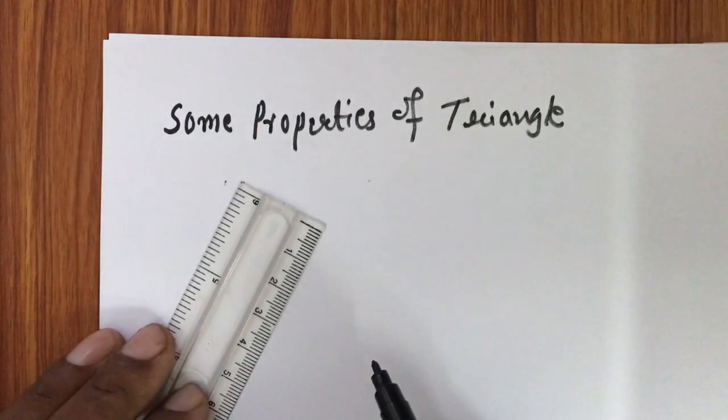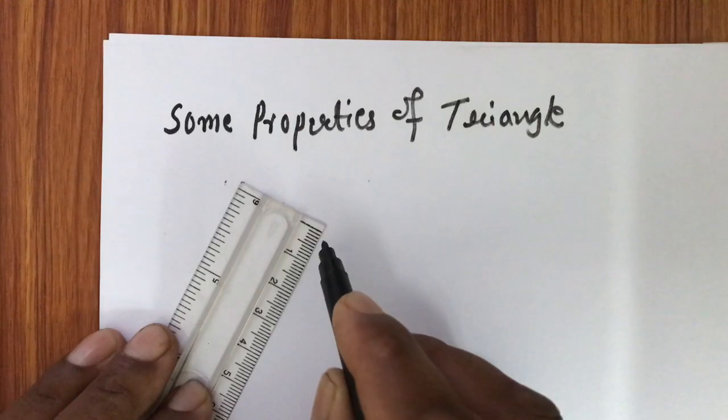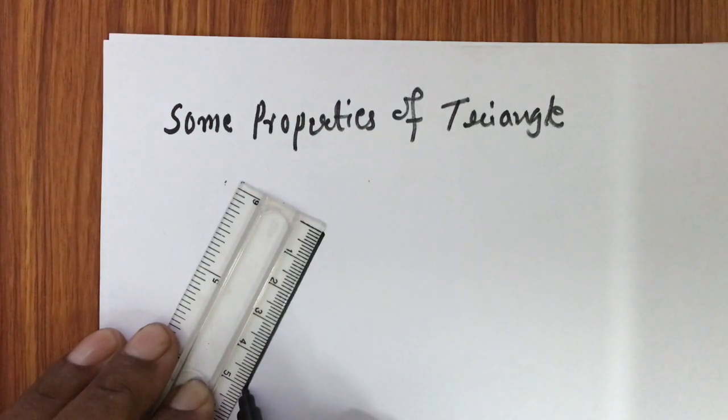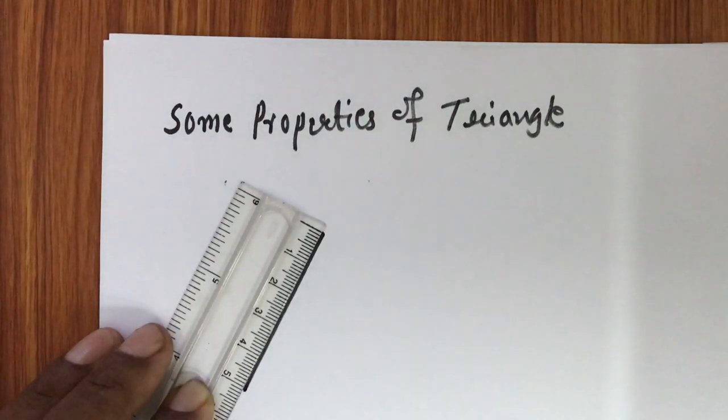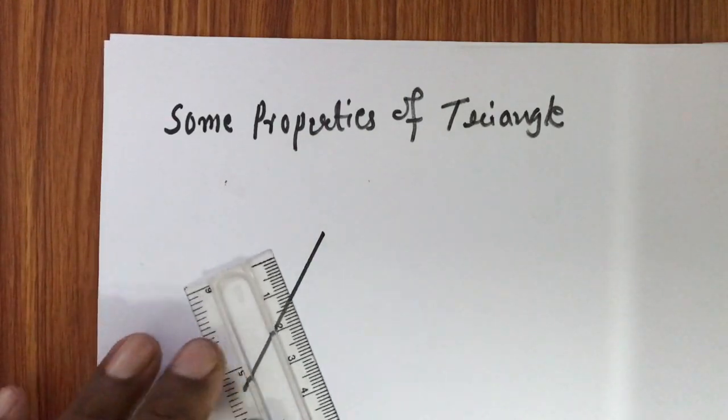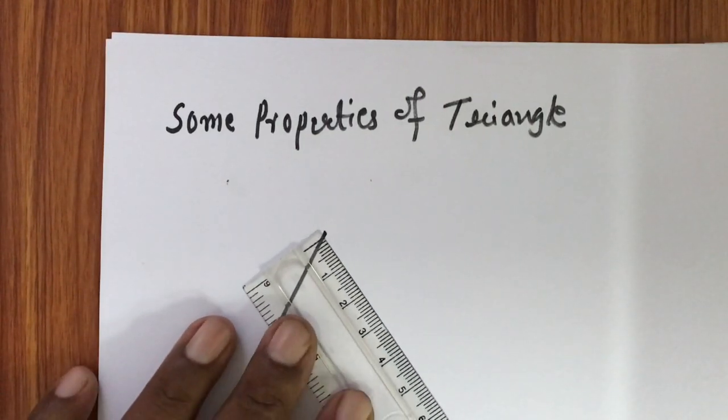Understand? I am drawing two equal sides of a triangle like that. I have drawn 5 centimeter length of a line segment.